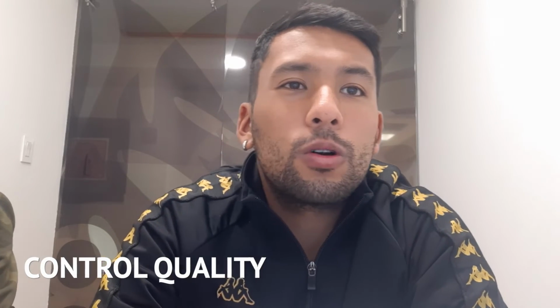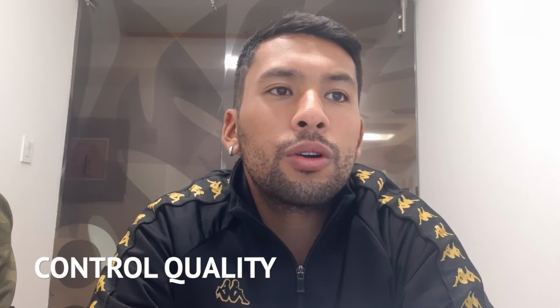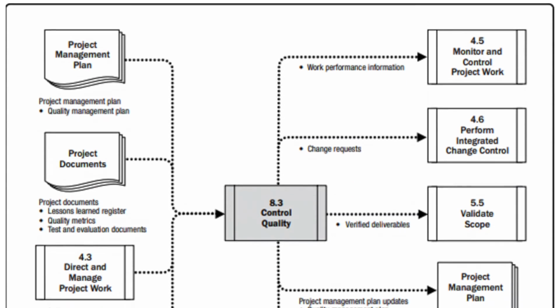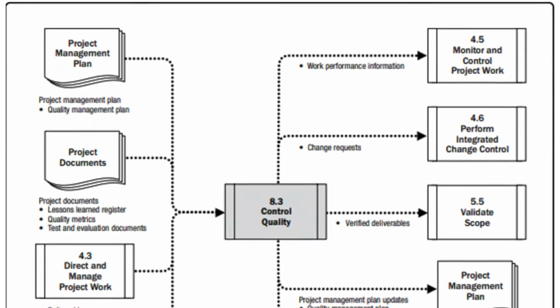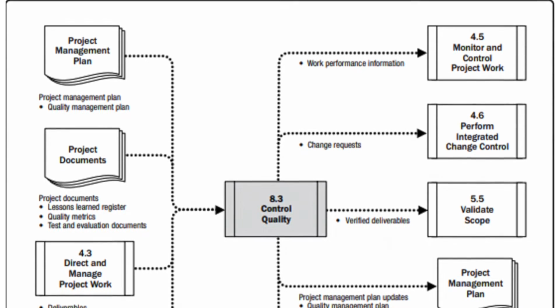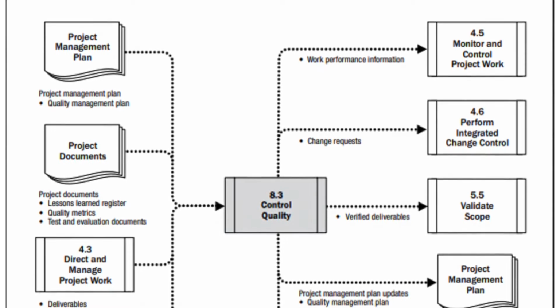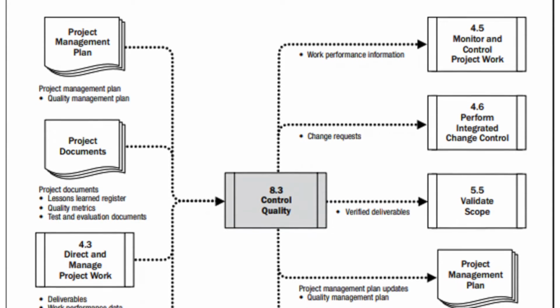Control quality. Control quality is the process of monitoring and recording results of executing the quality management activities in order to assess performance and ensure the project outputs are complete, correct, and meet customer expectations.